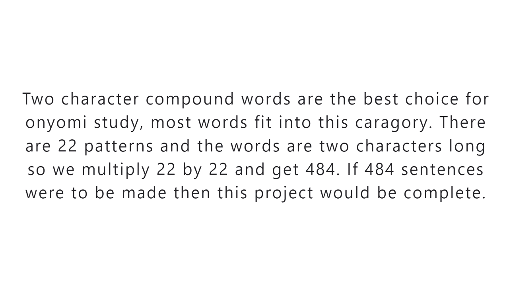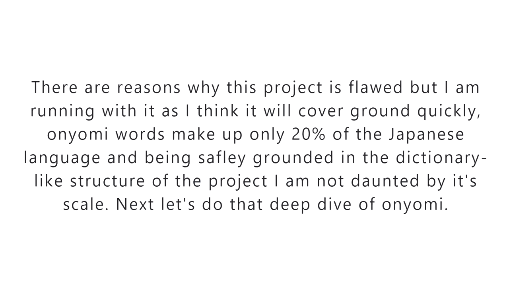And this would cover all of the useful onyomi 2-character compound words 10 times over, and we get to look at the kanji of obscure words as well mixed in. So we're really deep diving kanji, deep diving onyomi by taking this project on.